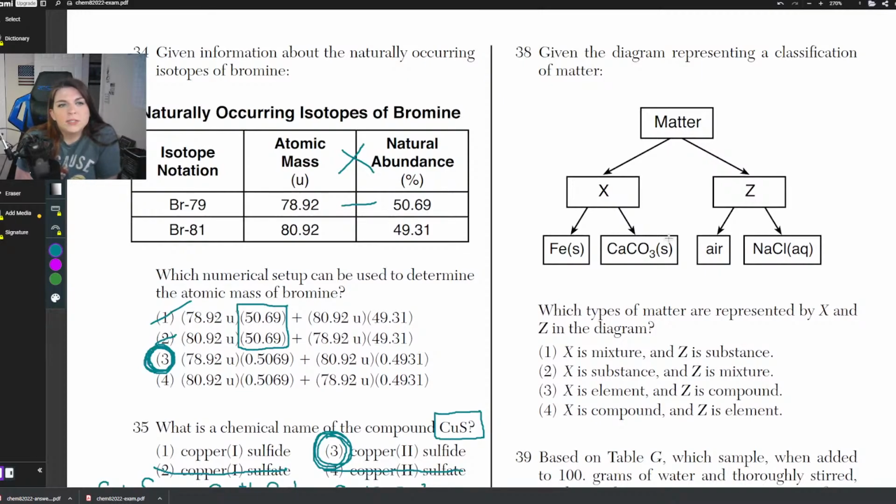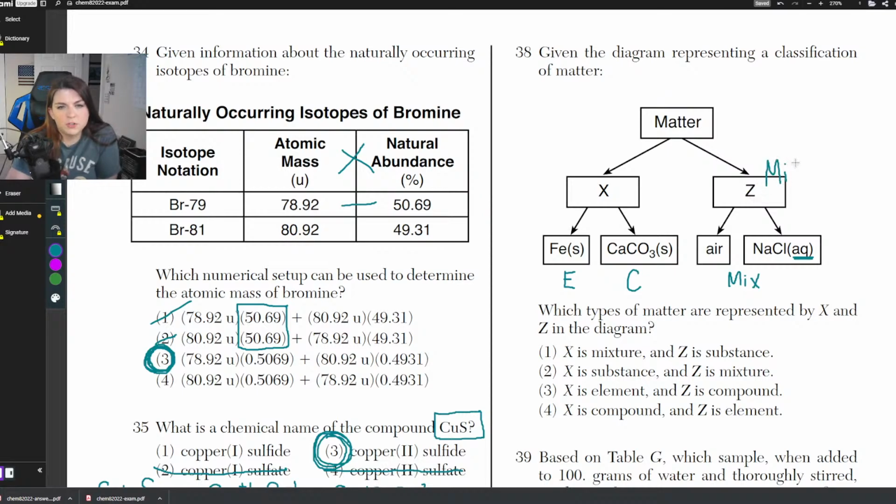Given the diagram representing a classification of matter, what type of matter are shown by X and Z? Interesting question. Okay, X must be substances because iron is an element, calcium carbonate is a compound, air and sodium chloride, aqueous specifically, are both mixtures.